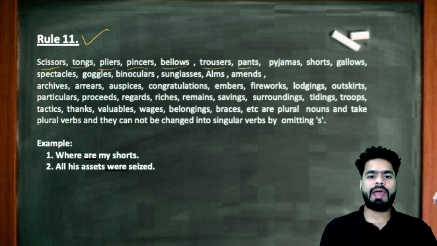Now we have rule number 11, and rule number 11 says that scissors, tongs, pliers, pincers, bellows, trousers, pants, pajamas, shorts, gallows, spectacles, goggles, binoculars, sunglasses, arms, amends, archives, areas, auspicious, congratulations, ambers, fireworks, lodgings, outskirts, particulars, proceeds, regards, riches, remains, savings, surroundings, tidings, troops, tactics, thanks, valuables, wages, belongings, braces, etc. are plural nouns.